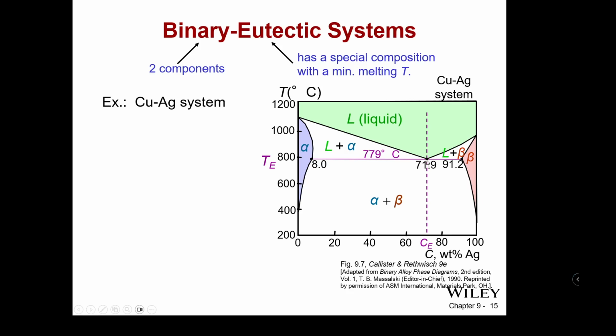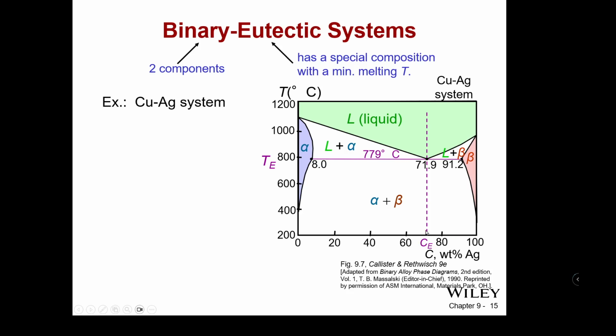So you've heard of, maybe in the automotive world, something like hypereutectic alloys. So just above or just below the eutectic point in terms of concentration or ratio, in this case, weight percent of silver.